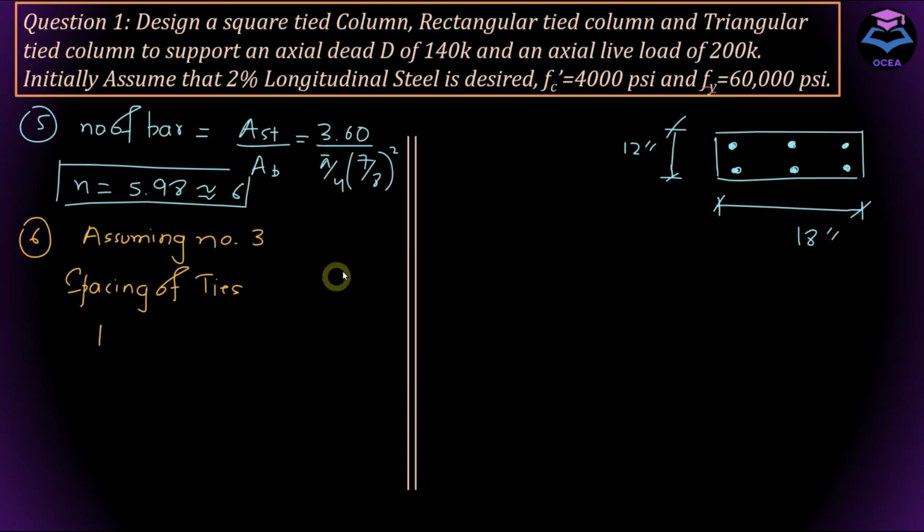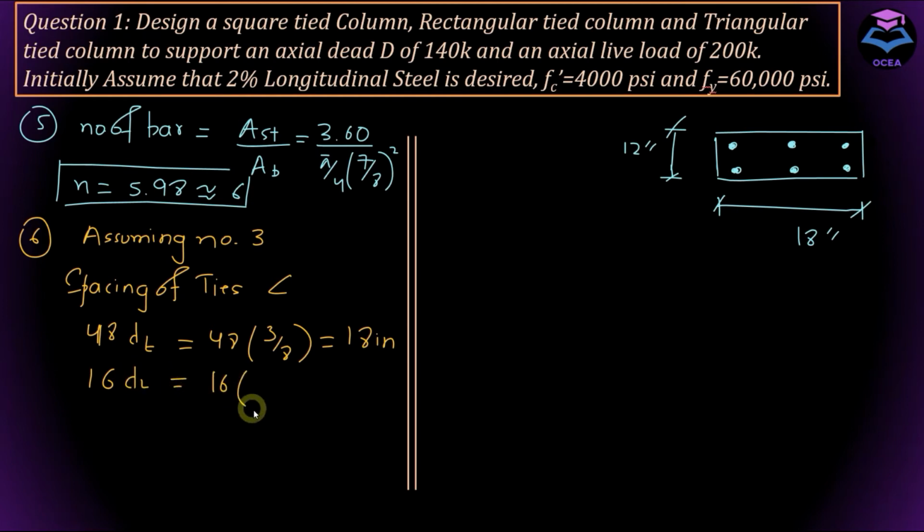Spacing of tie is the least of 48 dia of tie, and dia of tie number 3 bar is equal to 3 by 8 inches, and it gives us answer equal to 18 inches. And the other condition is 16 dia of longitudinal bar. Dia of longitudinal bar is equal to 7 by 8 inches, and this gives us a value equal to 14 inches.